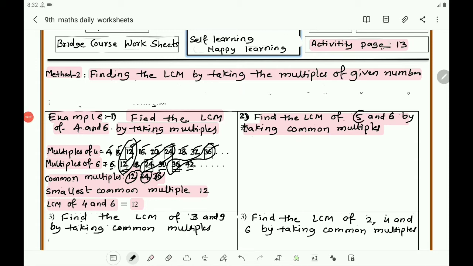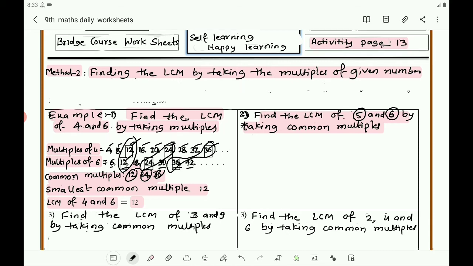You know that 5, 10, 15, 20, 25, 30, 35 like this way, and 6, 12, 18, 24, 30 like this way. And you find the common multiples, and out of that, the smallest one becomes the LCM.